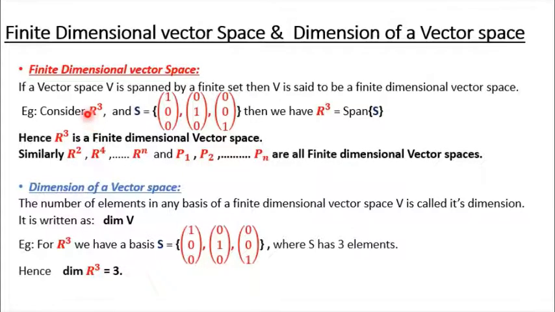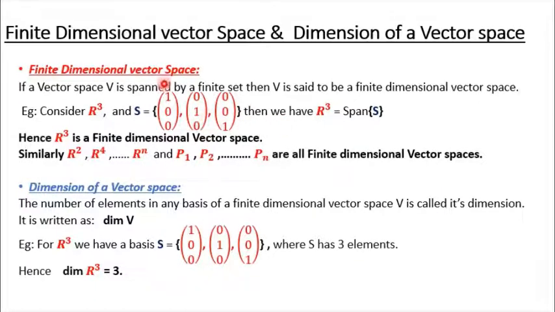No. R3 has infinitely many vectors, but it can be spanned by a finite number of vectors. Linear combinations of these three vectors give you infinitely many vectors in R3. That means though R3 has infinitely many vectors, it can be spanned by a finite set.